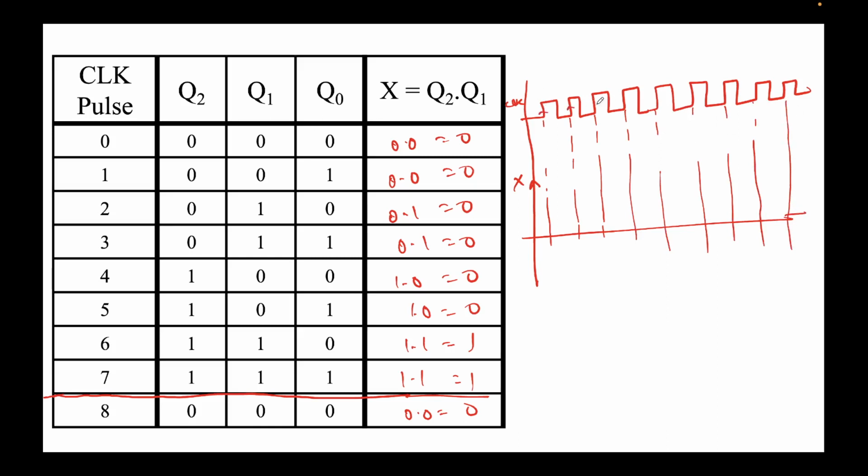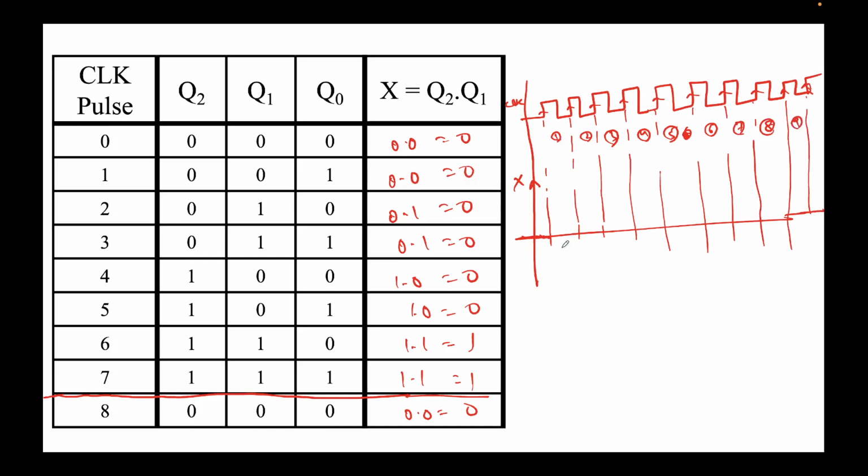So we have already talked about the positive clock edge, right? At this positive clock edge only the outputs will change. So initially it's 0, because I'm assuming this is the starting point. This is the first, second, third, fourth, fifth, sixth, 1, 2, 3, 4, 5, 6, 7, 8, and then it will come here again for the 9th.